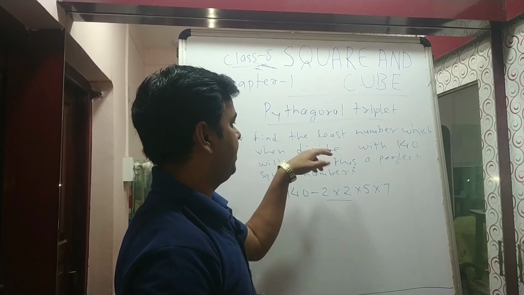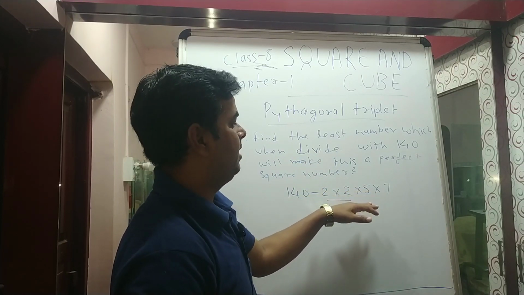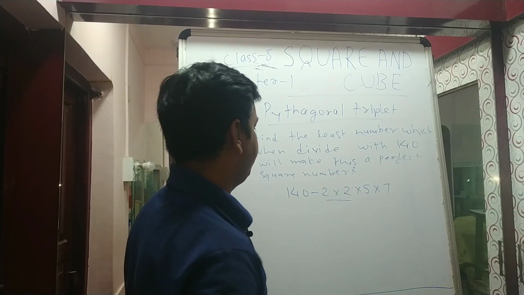We need to not multiply this time, we need to divide. So we will divide this 5 and the 7. 5 into 7 will be what? 35.